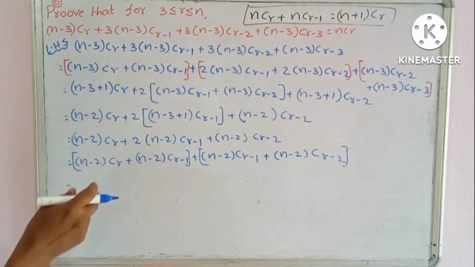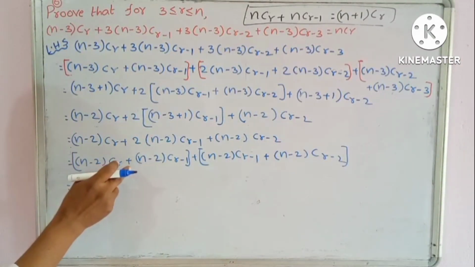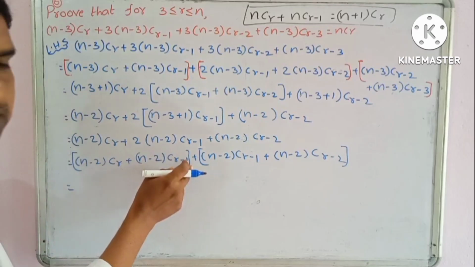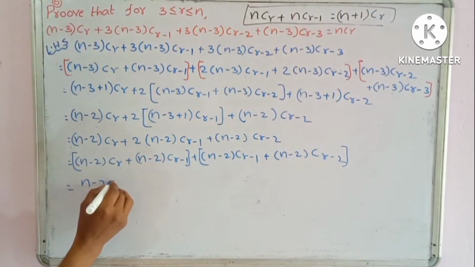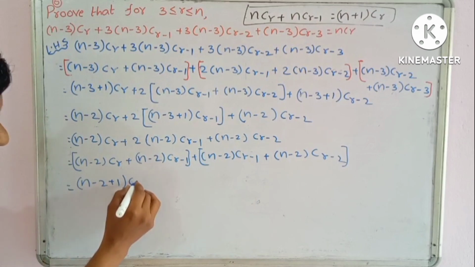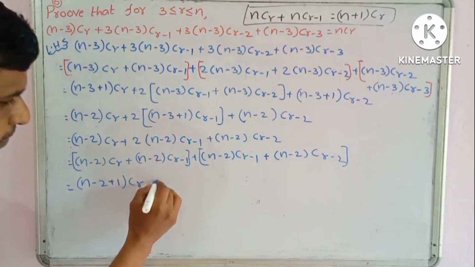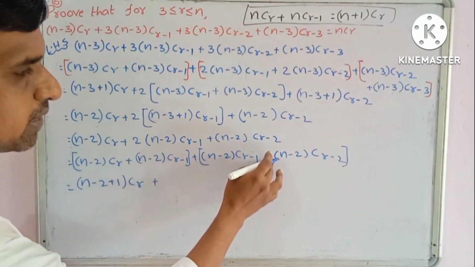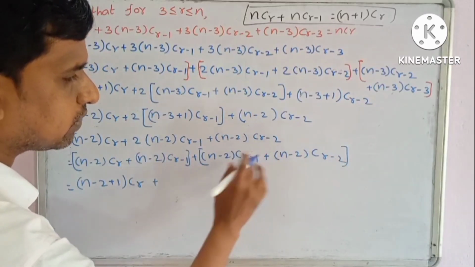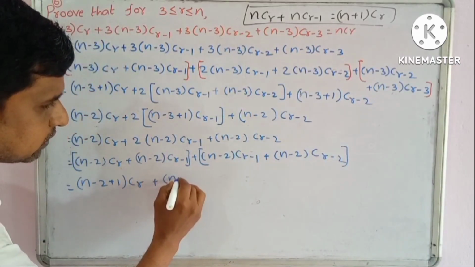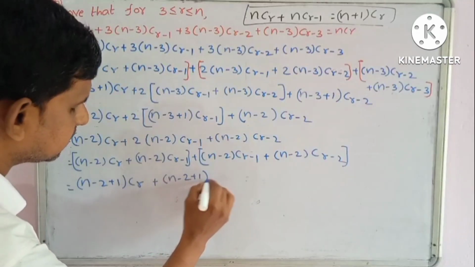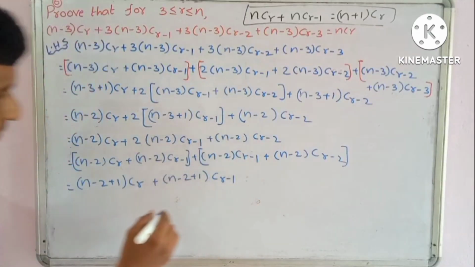See, now nCr plus nC(r minus 1), same formula, (n plus 1)Cr. Plus here also nCr plus nC(r minus 1). Okay, r minus 1 minus 1, r minus 2. So (n minus 2 plus 1)C(r minus 1).